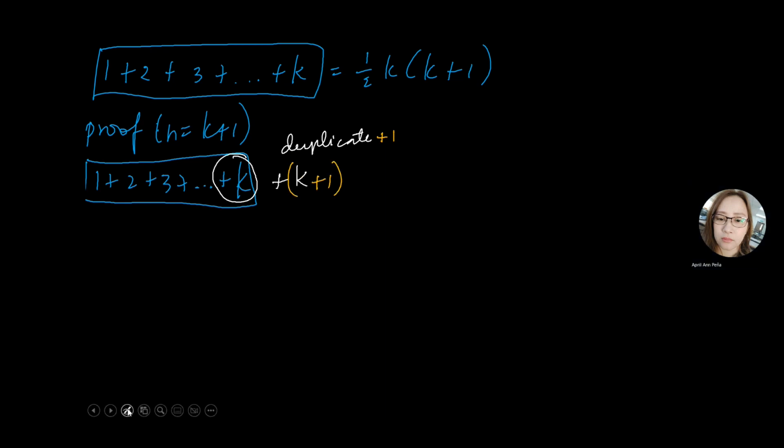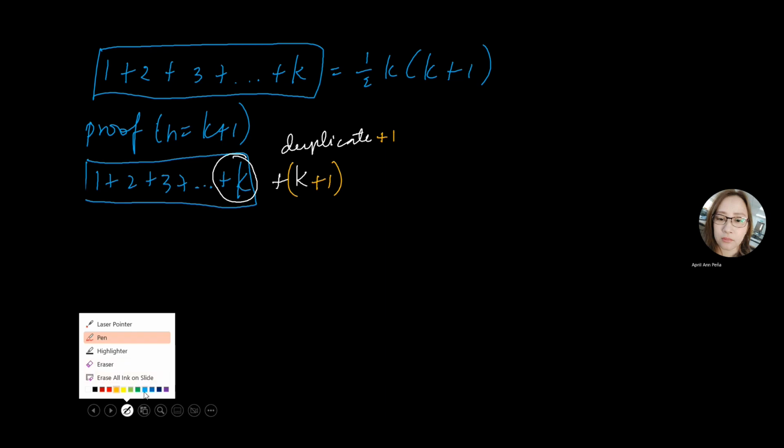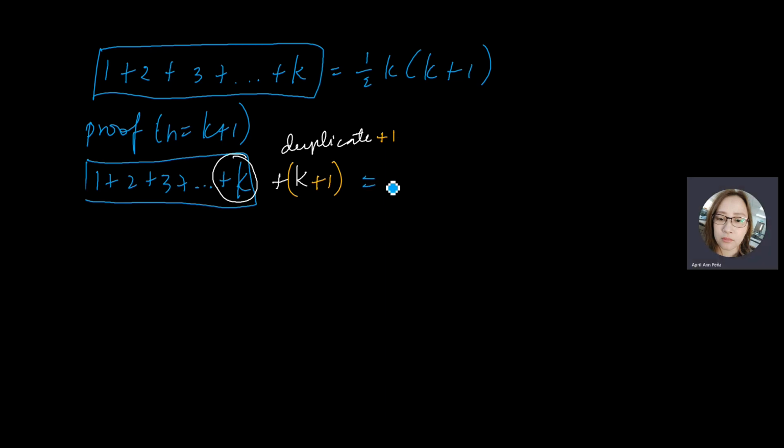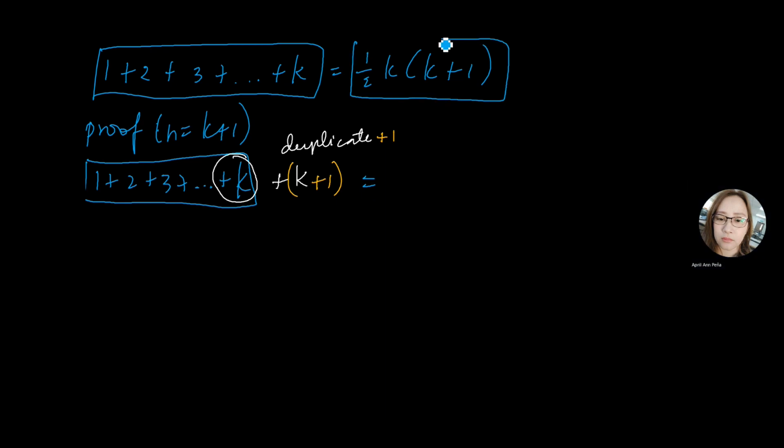Next, what you're going to do is copy this portion. The right side of the induction hypothesis, you're just going to copy it. Provide space in between, like that.